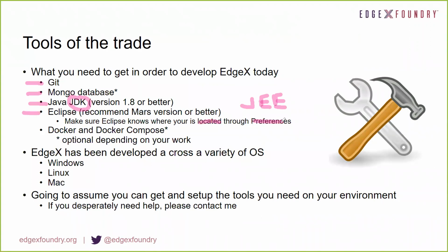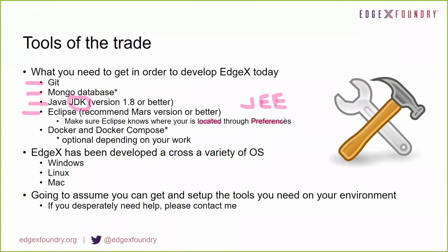You may optionally need Docker and Docker Compose. Again, not going to cover that today, but everything with regard to EdgeX today has been containerized, and you may find that there are pieces that you could run from a Docker perspective that you don't need to actually download the code. In other words, you just want to run maybe one of the microservices and use it, but you don't actually need to go and look at its code or get into its code. There's a way for you to do that.